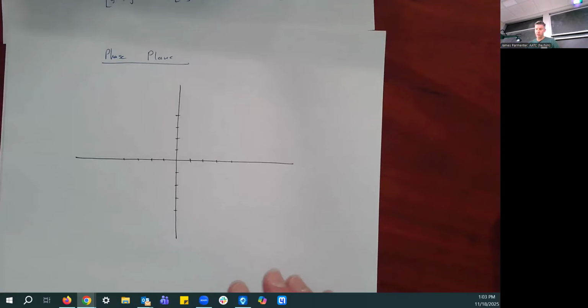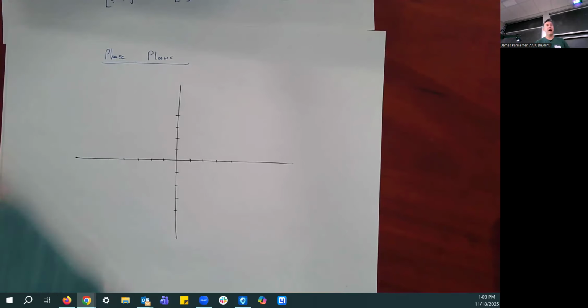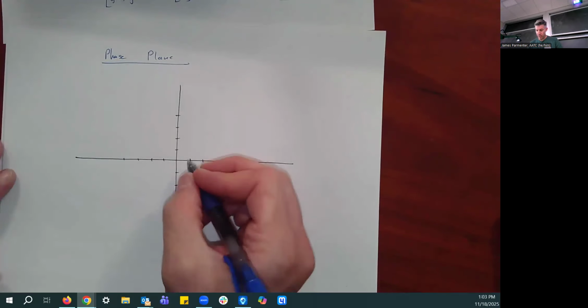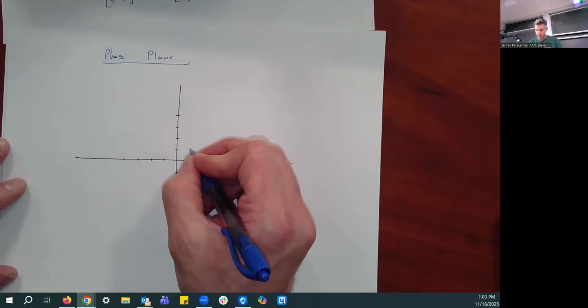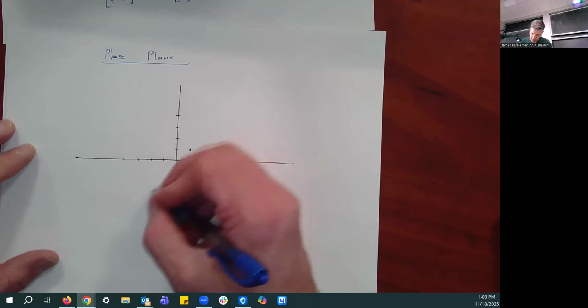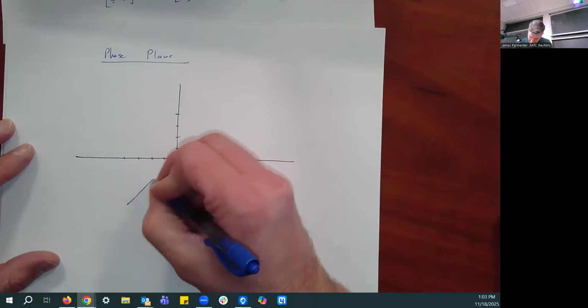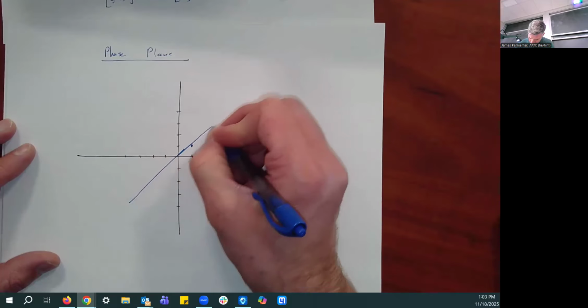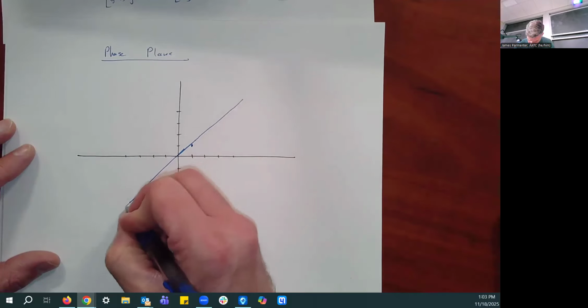My eigenvectors were (1, 1) and (1, -1). They're super easy to draw. For the eigenvector (1, 1), simply go over to the point (1, 1), and then draw the line that goes through that point and the origin. I said it's super easy to do, but you have to be able to draw lines.